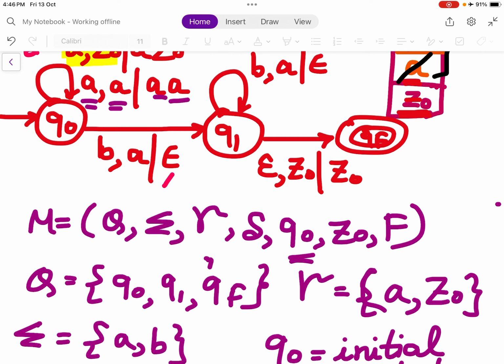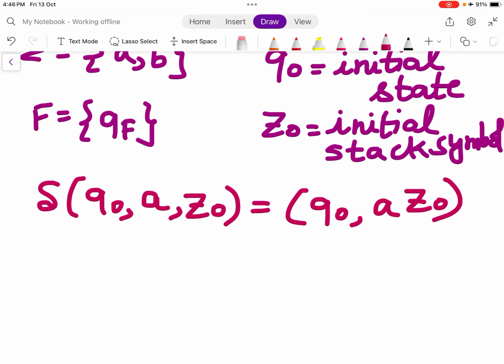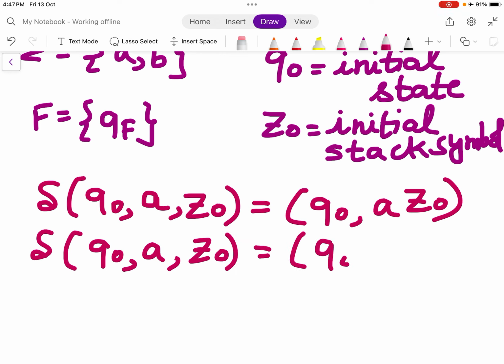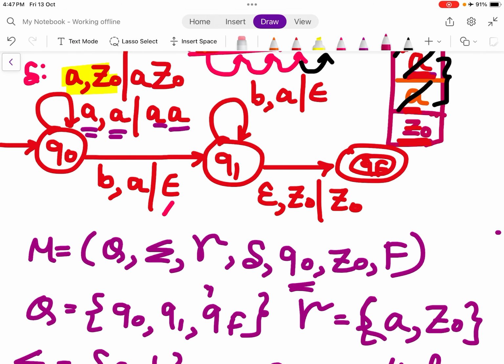Q0 on A comma Z0 goes to Q0 comma A. Then Q0 on B comma A goes to Q1 comma epsilon.